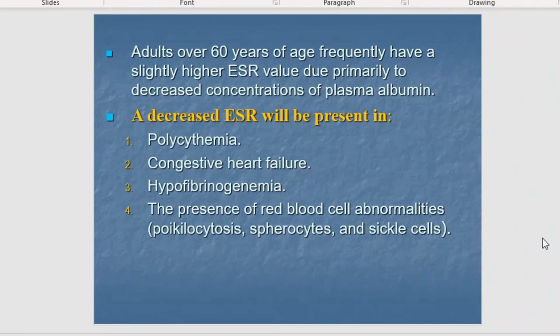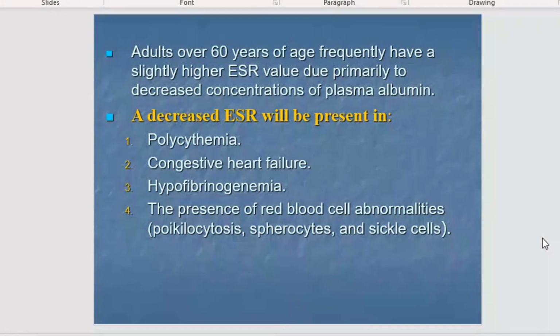This fibrinogenemia reduces the amount of fibers. So the fibers are nothing but the elongated protein molecules present in the muscles. That we can see in muscle damage, and the presence of red blood cell abnormalities like poikilocytosis, spherocytosis, and sickle cell anemia, and so on, can also decrease the erythrocyte sedimentation rate.